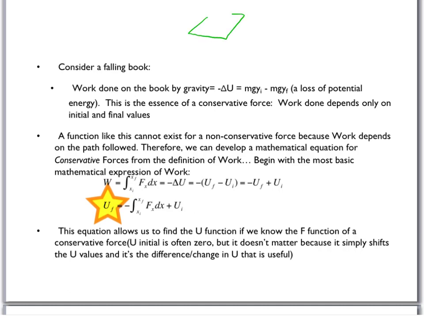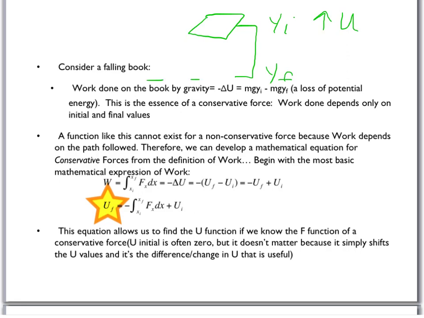Now consider a falling book. If we had a book up here, and this book was falling downwards, it's starting at some initial height above ground, ending at some final height here. The work done by gravity would basically be sucking potential energy out of the system, because it's going to start with a high potential energy up here.